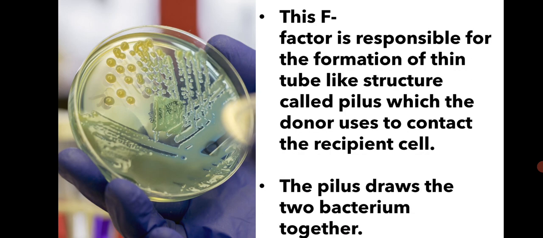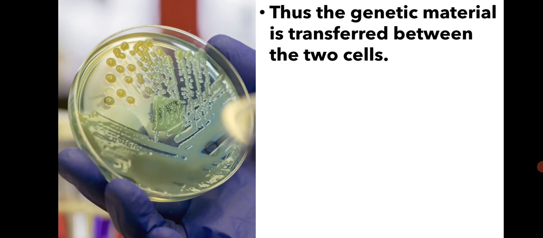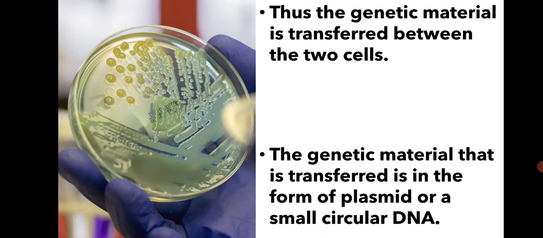Because of this structure, the two bacterial cells involved in conjugation are held together. The pilus draws the two bacteria together. After they are brought together, the genetic material can be easily transferred from the donor cell to the recipient cell.